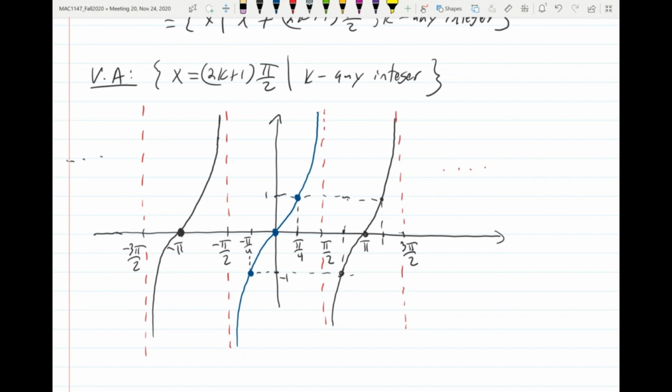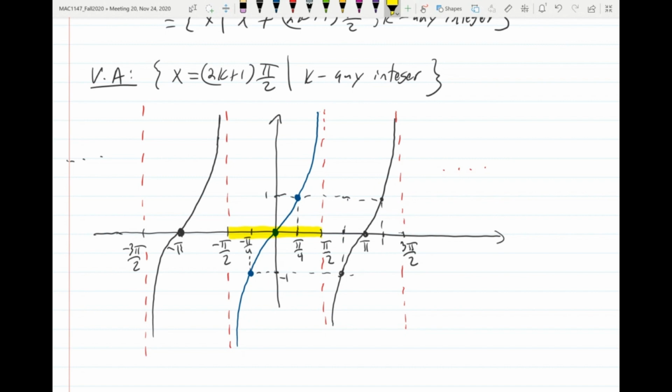All right, so by looking at this picture, we can actually see that the tangent is just infinitely many copies of this shape that we see here in the middle. Okay, if you look at the picture between negative pi over 2 and pi over 2, then that shape that we see here, which looks like a cubic, it just keeps on repeating over and over to the right, over and over to the left. Okay, so what I drew in blue is what we consider the main cycle of the tangent.